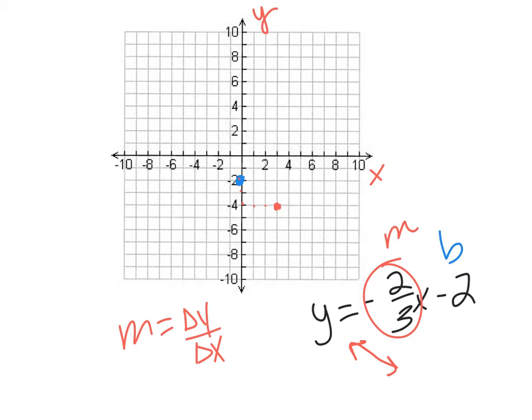And now you could totally draw a line now, but I can't draw a very straight line, so we're going to keep dotting. Down 2 over 3. Down 2 over 3. Okay, and then we're going to draw a line, and so I can see what my pattern is doing. To get the other end of the line, I'm going to go up 2 and to the left 3. Up 2, to the left 3. Okay, so that would be the line, the graph of the line, whose equation is y equals -2/3 x minus 2.